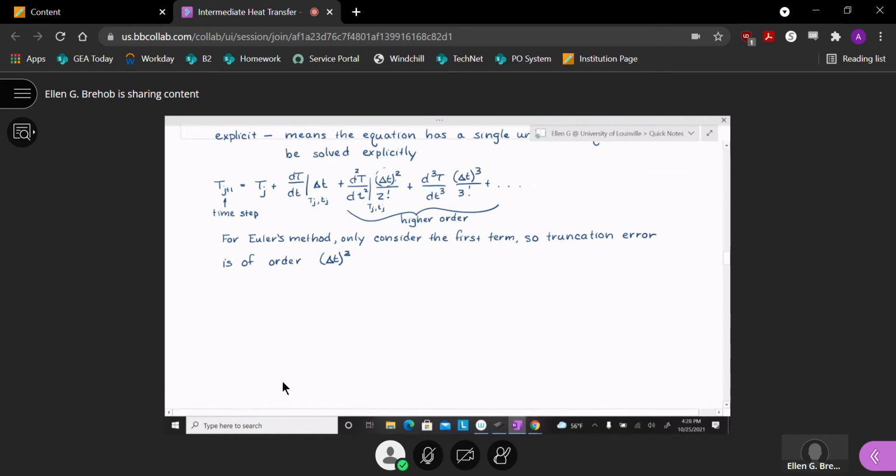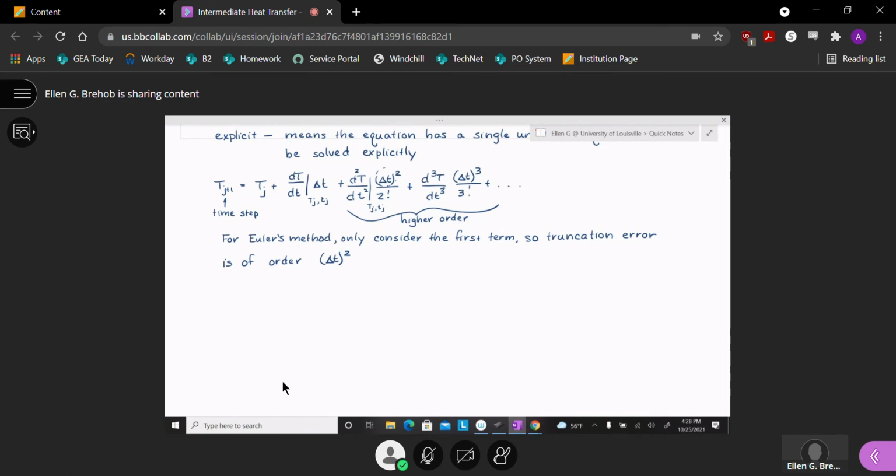Yes. Well, and the other feature is that eventually we're going to look at a way to set up this solution that gets us to a delta t cubed. And then you'd think, well, that's giving me an even smaller truncation error. So people who do numerical methods, these are things they look at. I probably will have you do a simple one of these. We won't go into the details of the numerical methods, but this one is delta t squared.